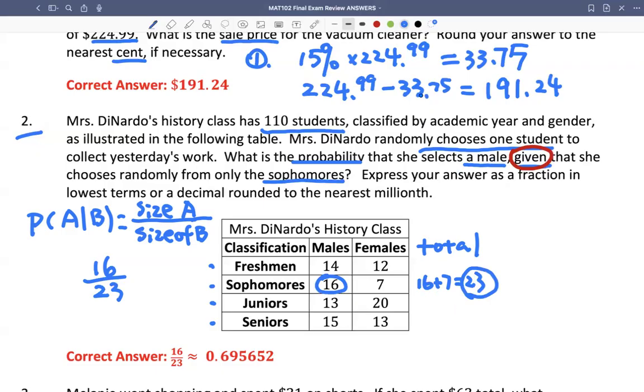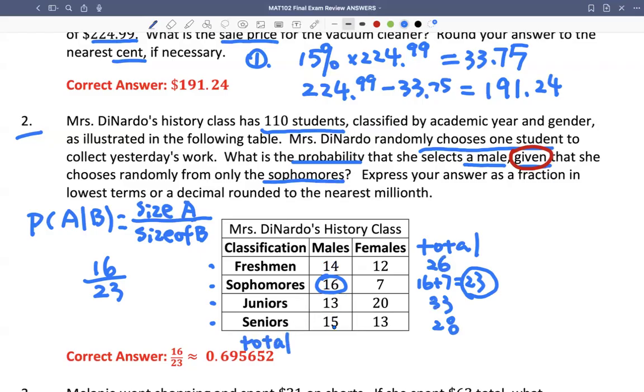It'll be good practice if you write down the totals. Freshmen 14 plus 12 is 26. Juniors 13 plus 20 is 33. Seniors 15 plus 13 is 28. So we could put the totals here.